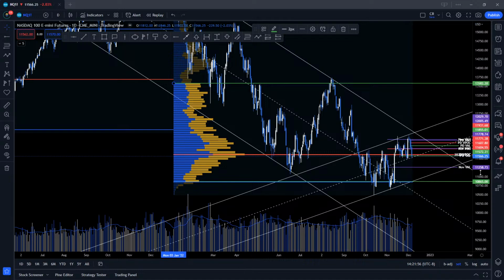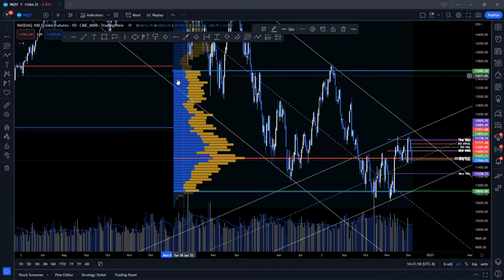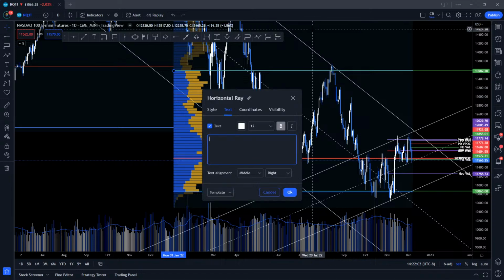I know I'm pretty zoomed in, but for people watching, I'm trying to make it easier for you to see the levels, the numbers of the levels.